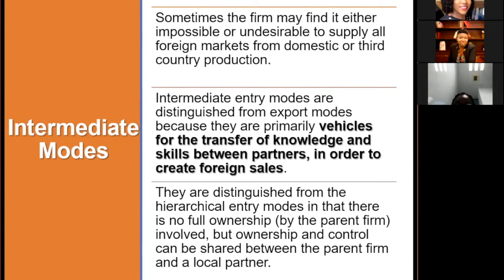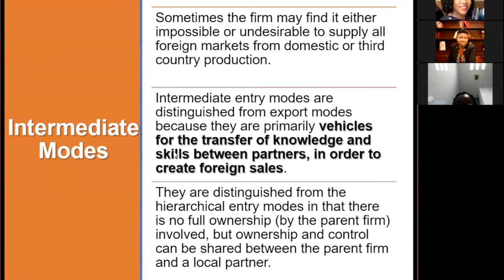This usually is made up of contractual agreements between the firms, one in the home country and the other in the foreign country, right? Where they agree on the degree of ownership and control between themselves regarding the skills and the knowledge that have been transferred from the domestic manufacturer to the foreign manufacturer, to ensure that the domestic manufacturer's product gets manufactured and sold in the foreign market.